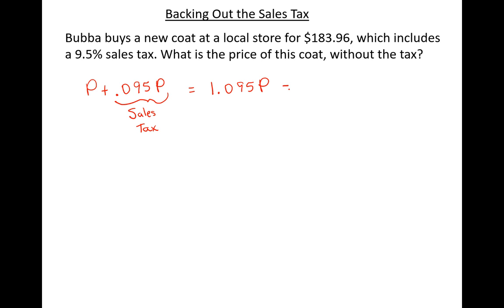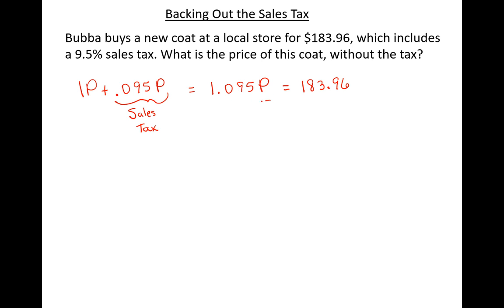And in this case, that equaled $183.96. So in order to find the price, we have to use our algebra skills. If I want to know what the price was, and remember, this is like a 1 here. He paid the price plus this extra little fraction, this 9.5% of the price.